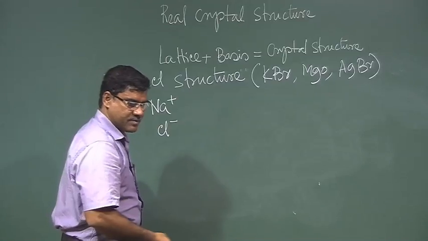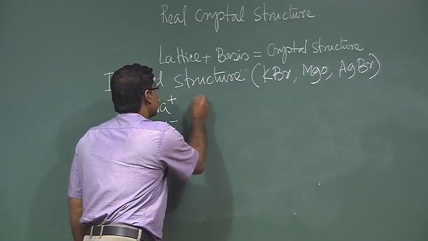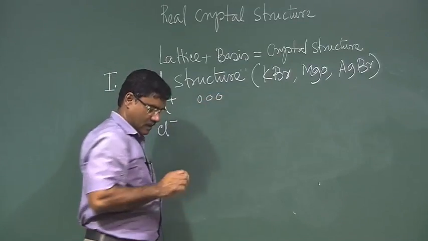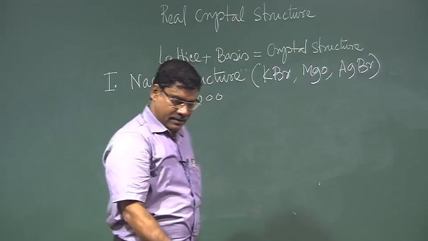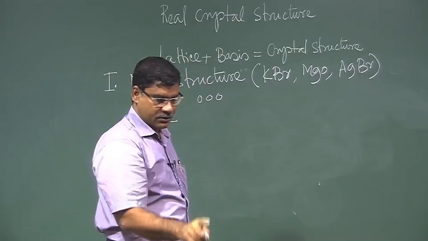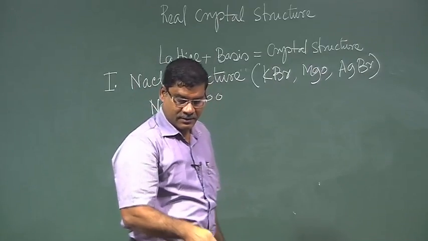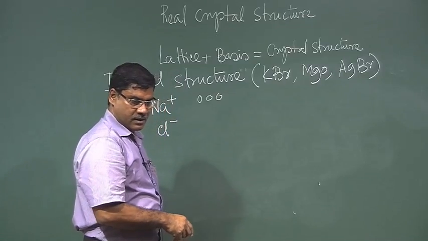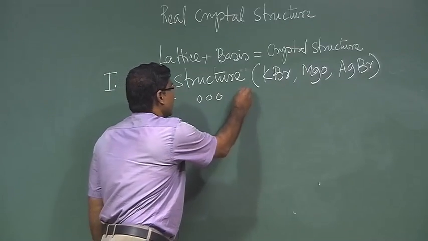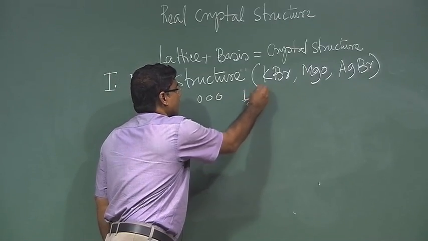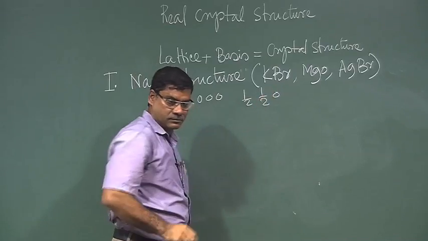As I told, for this middle one, if I take 0, 0, 0, and then the other 0, 0, 0. Then the other one I can see from here is half, half, 0.